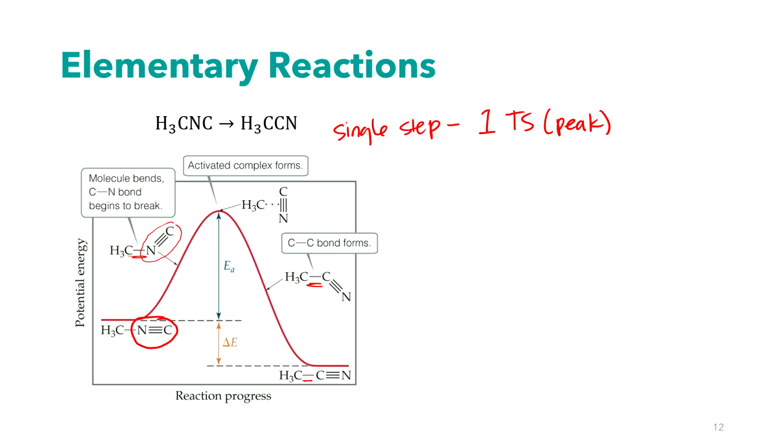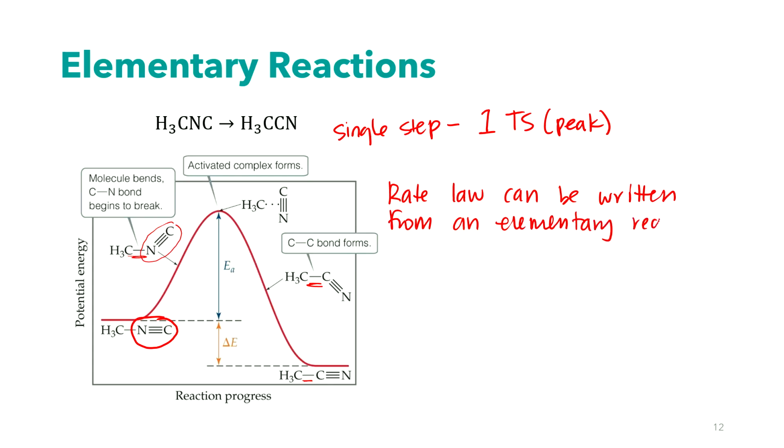I can write the rate law for an elementary reaction from the stoichiometry. What do I mean by that? I can look at this and say if this is an elementary step, the rate equals some rate constant times the concentration of my reactant.